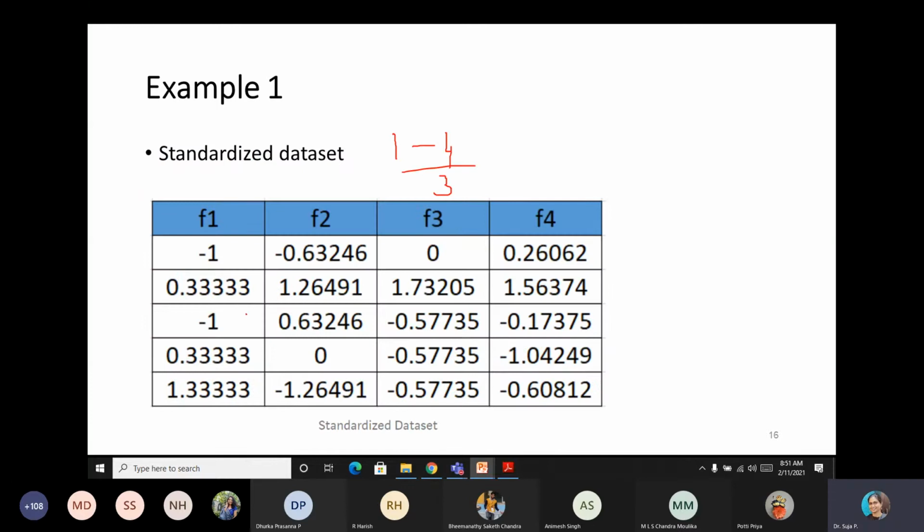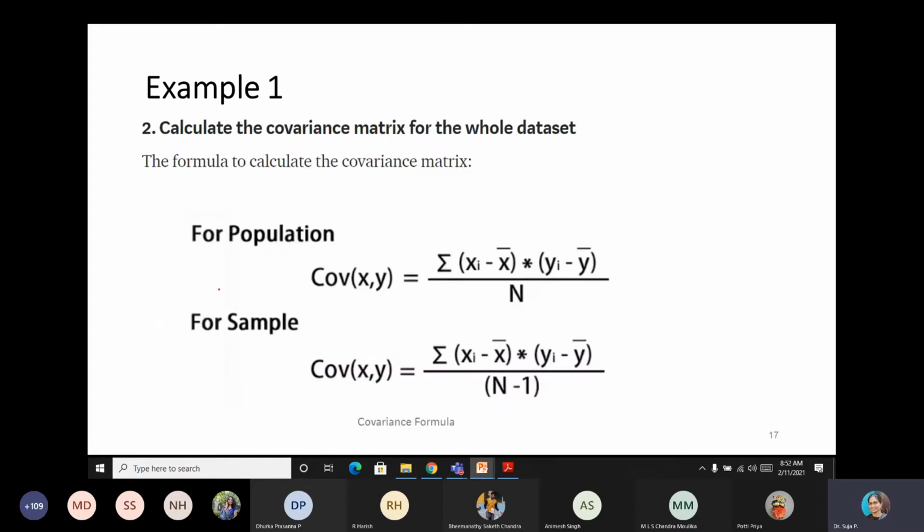For this 5 cross 4 matrix, we have to find the covariance matrix. Feature 1 with feature 1 is called variance, and feature 1 with feature 2, 3 and 4 is called covariance. The formula for calculating covariance is given. If I am taking a smaller subset from this 5 cross 4 matrix, that is called a sample, and I have to use n minus 1.